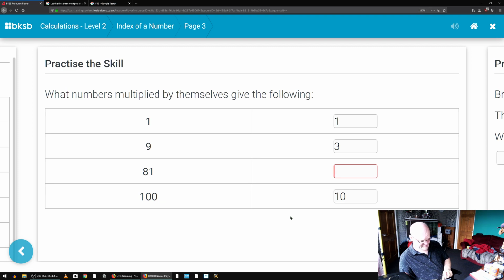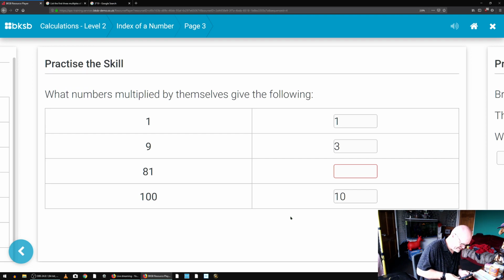Well, that's 6,051. And that's no good. I need to know the button to do it. I can't even use this calculator.